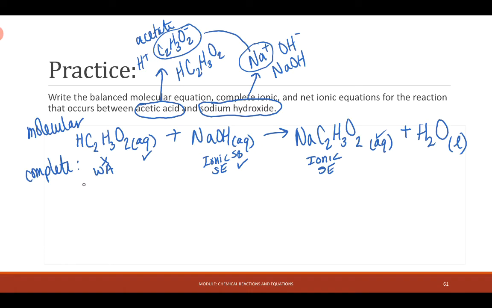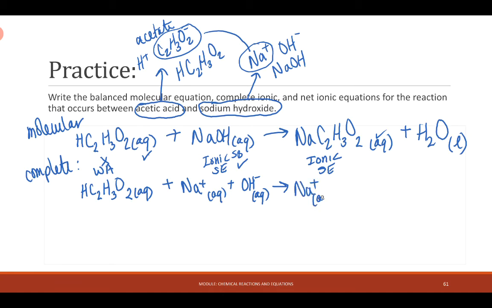So when I write my complete ionic equation, I do not ionize my acetic acid because it is a weak acid. And then I will ionize my sodium hydroxide. And I will ionize my sodium acetate.